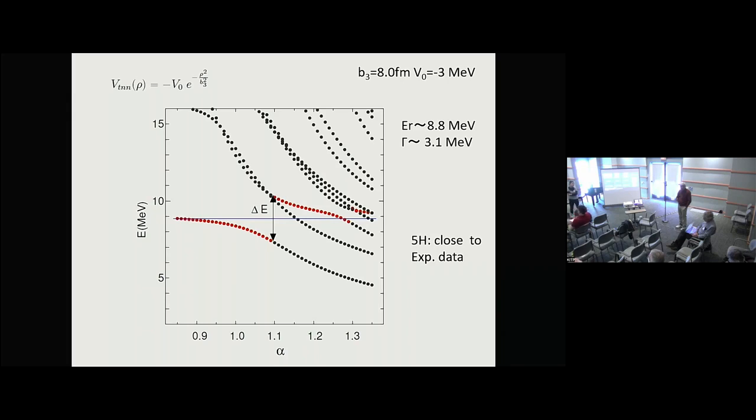But the problem is that, from the method point of view, to apply this realistic potential for neutron-triton, at the moment we were not capable, due to numerical limitations, to use the tensor force in this calculation.